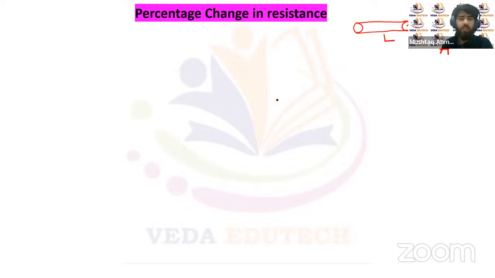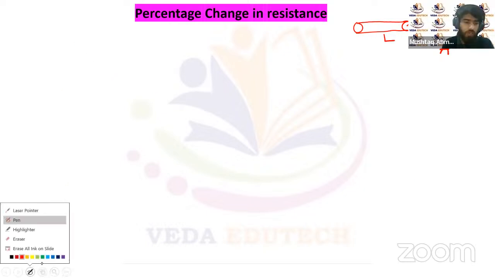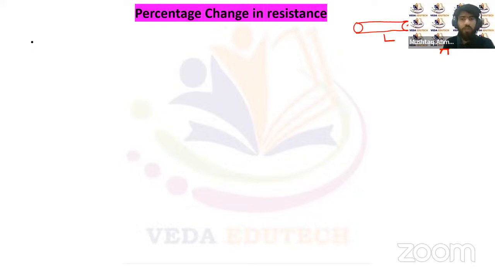Now changing the length of the conductor will change the resistance. Changing the area of cross section will also change the resistance of the conductor. Now let's focus on how the percentage change in resistance changes by changing the length or the area of cross section.